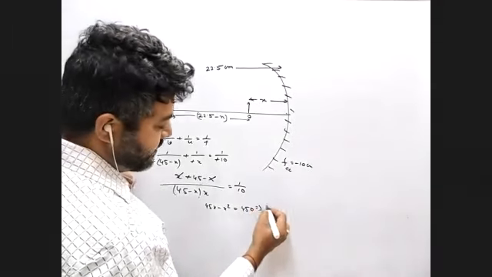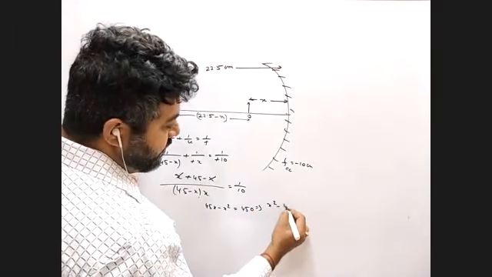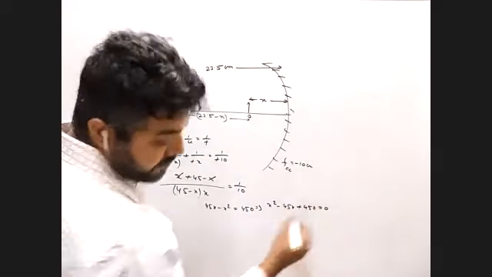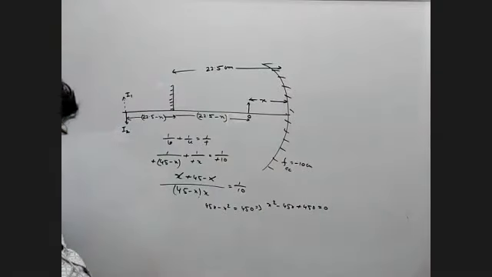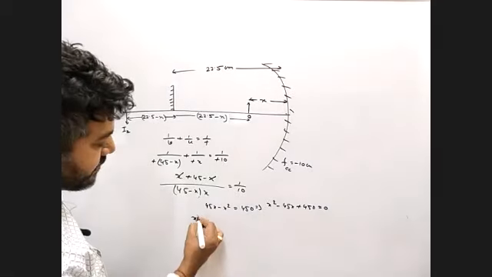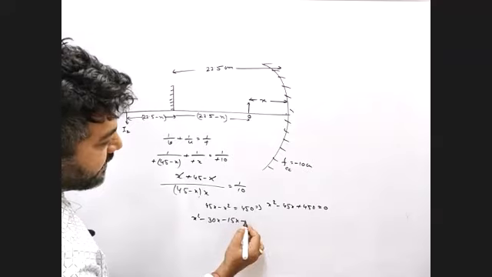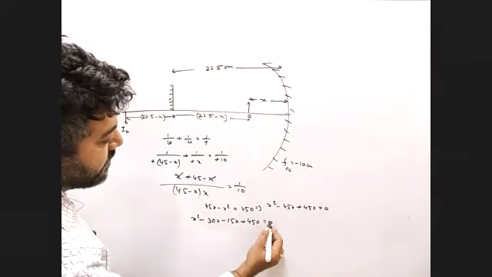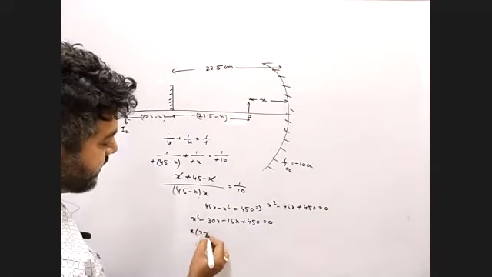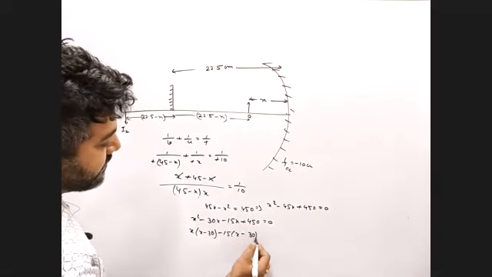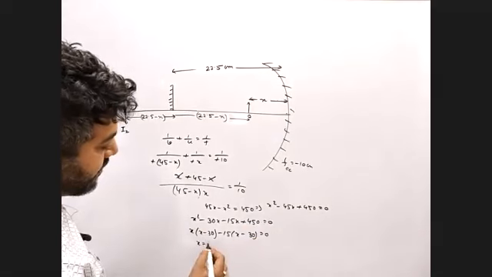So which means x square minus 45x plus 450 equals to 0. So x square minus 30x minus 15x plus 450 equals to 0. x into x minus 30 minus 15 into x minus 30 equals to 0.